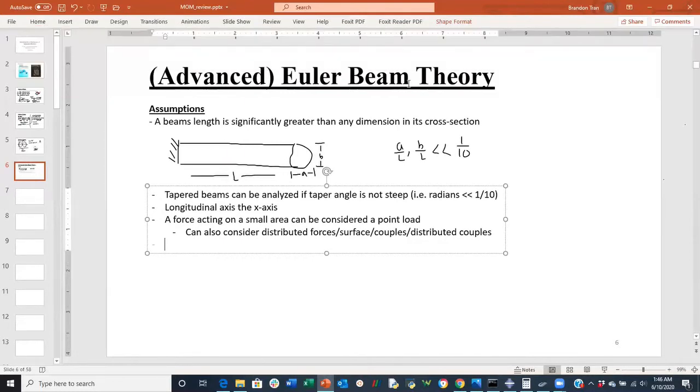The next assumption here is the plane of the cross section of a beam is always normal to the center longitudinal axis of a beam.